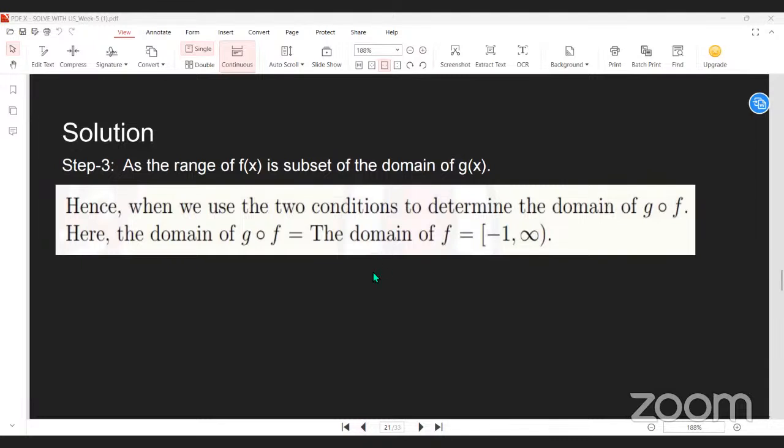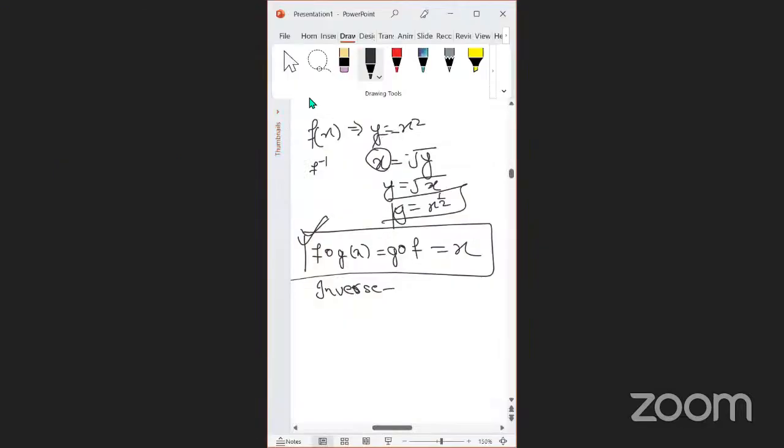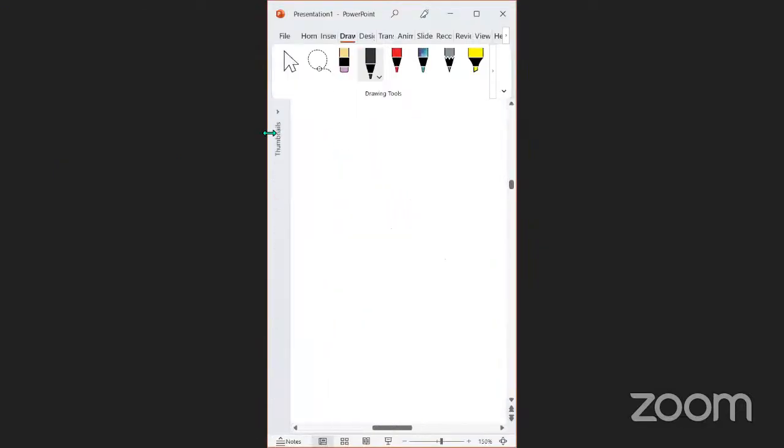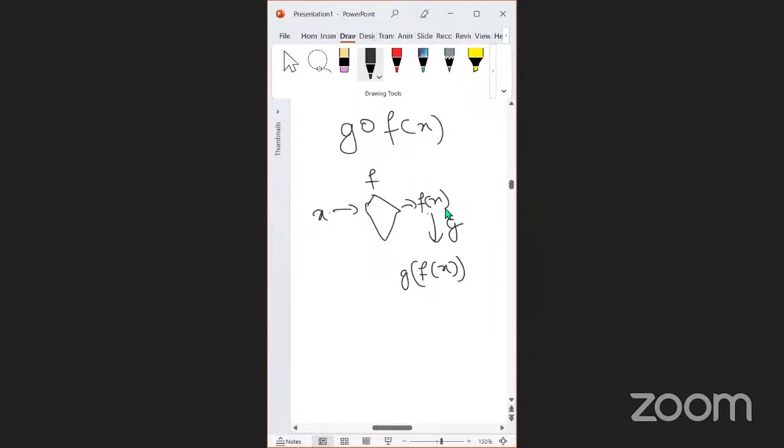Let me share a screen. See, what is the question asking? g of f of x, right? So firstly we will put x in the function f, so it will produce f of x. And now we will put f of x in the function g, which will give us g of f of x, right? Sir, in that, what should be put in the g function? We calculated the range.